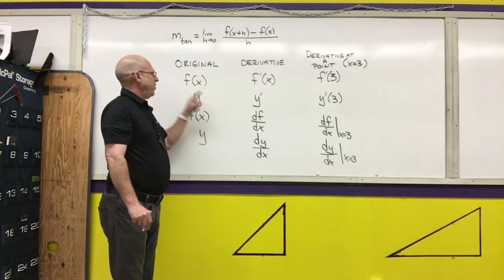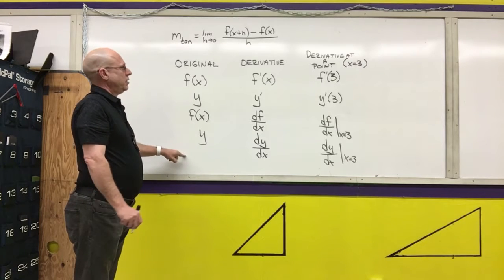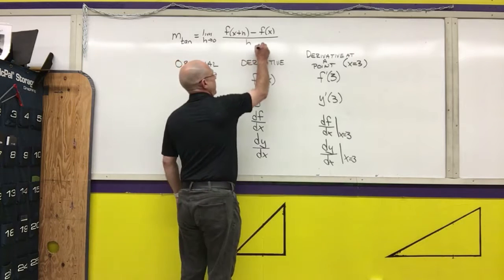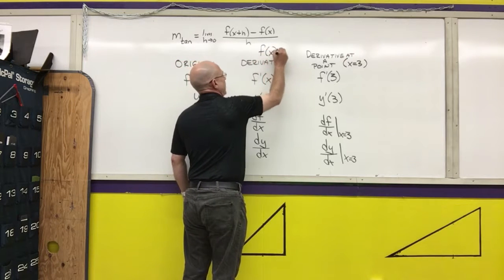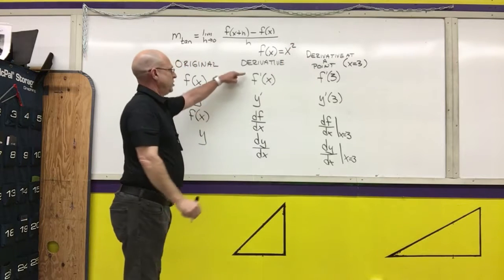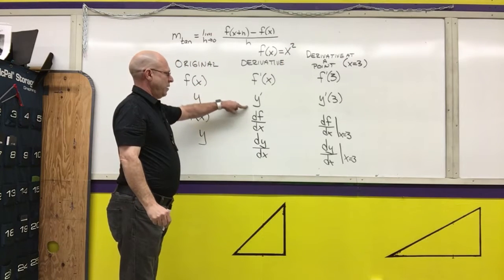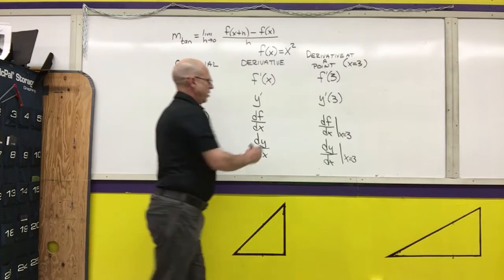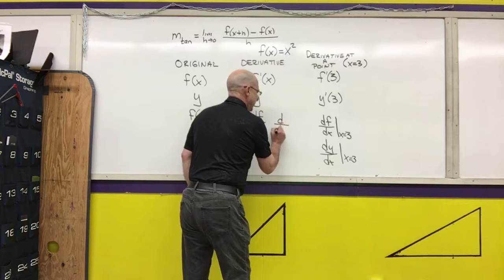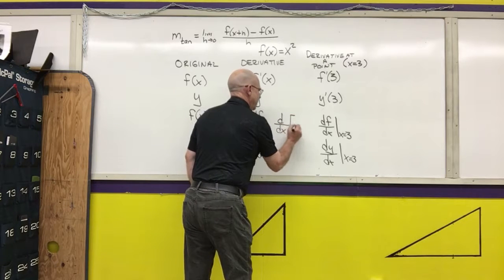Sometimes you may see that they don't just use the name of the function, but they actually use the function. For example, if f of x is equal to x squared, these two notations would stay the same, but these two notations I could also write as d over dx of x squared.